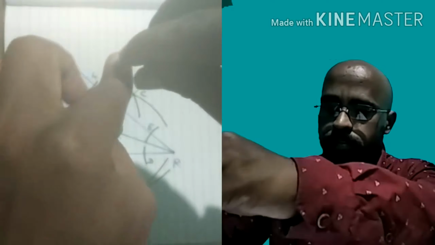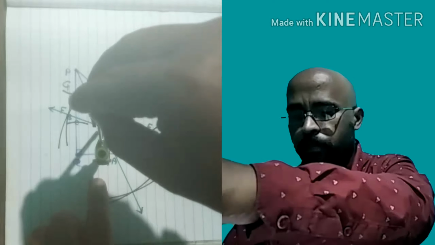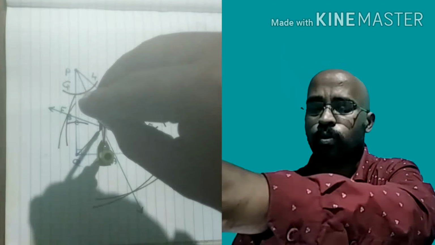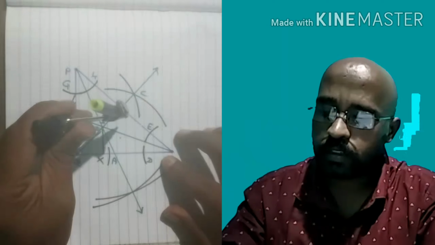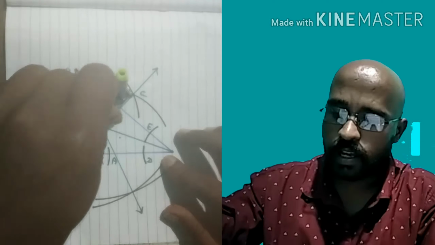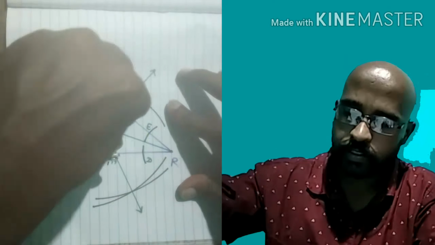See, I have kept the tip of the compass on I and the pencil on X. So IX is the radius. Consider the center as I, and draw a circle. So let's draw it.